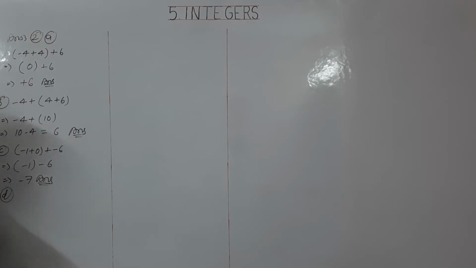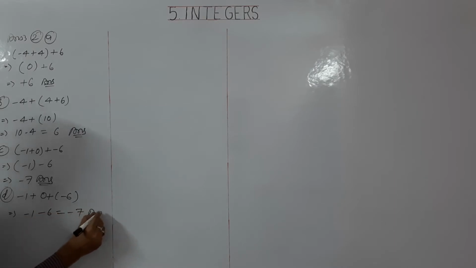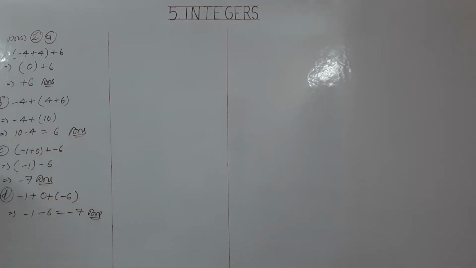And part D: minus 1 plus 0 plus minus 6. Again minus 1 plus 0 is minus 1, plus minus 6 is minus 7. So from both the cases we can say that addition is associative, addition is commutative.